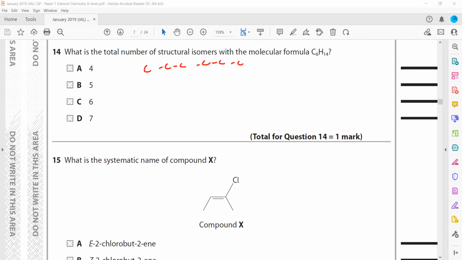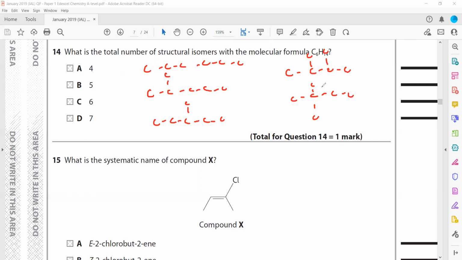Then we can make branches, like a 5-carbon chain with a branch on the second carbon, then a 5-carbon chain with a branch on the third carbon. If I put a branch next, it is the same. Then we can put 2 branches, either on different carbons or on the same carbon. So 1, 2, 3, 4, 5 are possible.